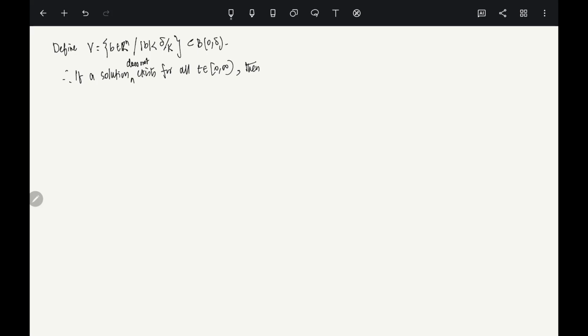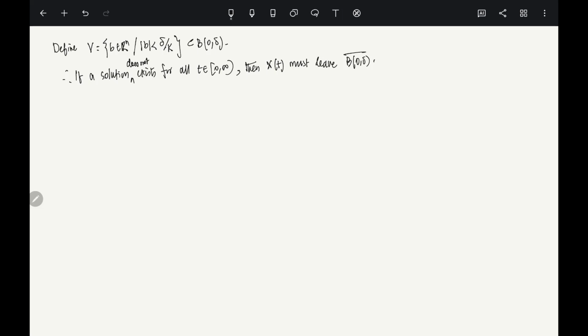Then x of t, the trajectory, cannot be contained, does not belong to B0 delta bar for all t. Essentially what it means is x of t must leave the compact set. Let me put it this way: x of t must leave B0 delta bar, right? That's what it is.